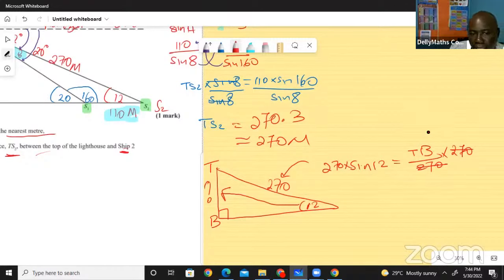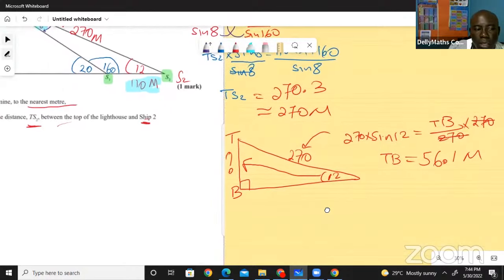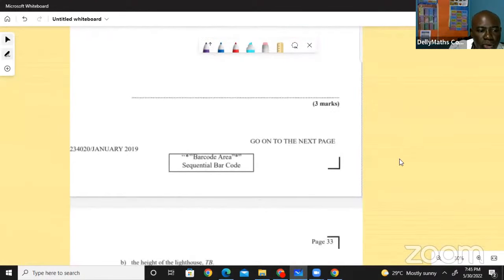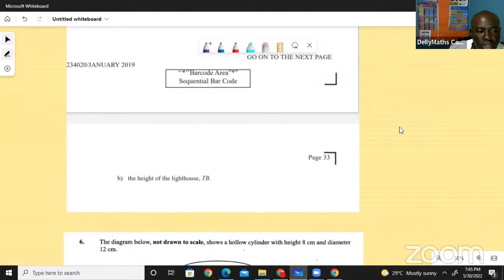And we're looking at TB to give you about 56.1. All right, 56.1 meters. So that would have been TB. We want to look to make sure. But they did not ask for any special rounding off, so we're good.